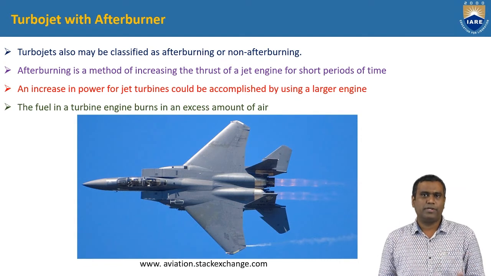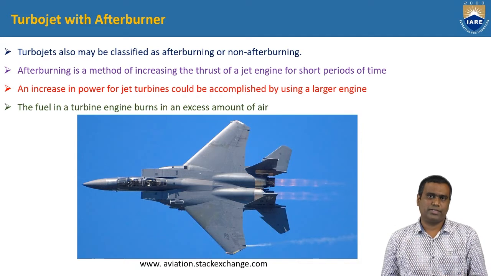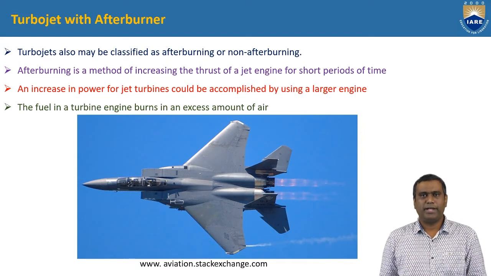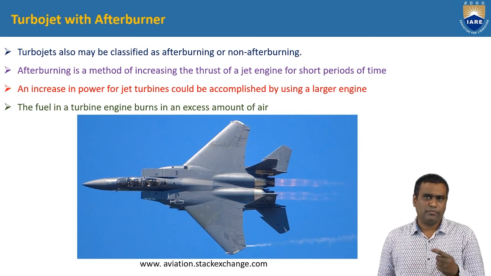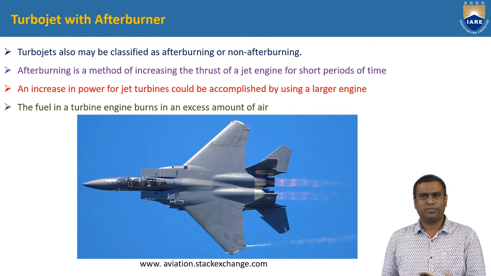By using the afterburner, that additional required thrust could be provided. So when the pilot turns on the afterburner, additional fuel will be injected at the rear portion of the engine, that is after the turbine, and again combustion takes place. Additional thrust would be produced.